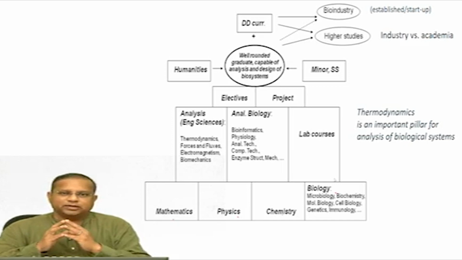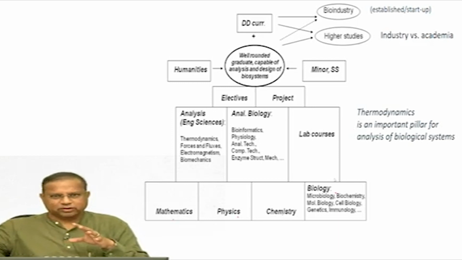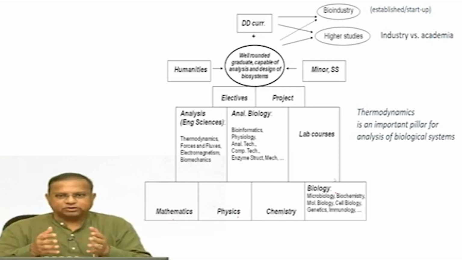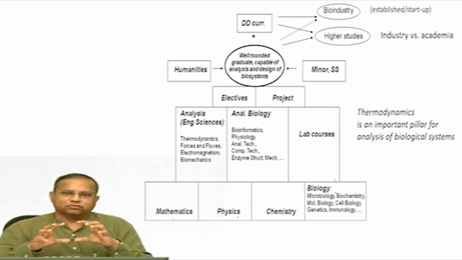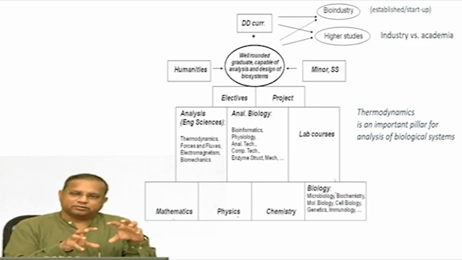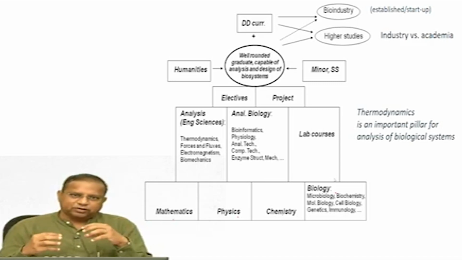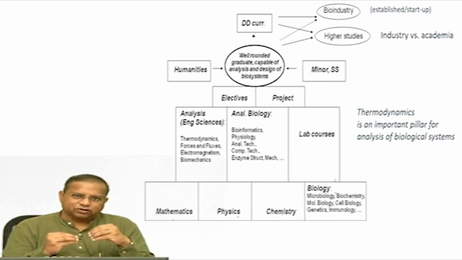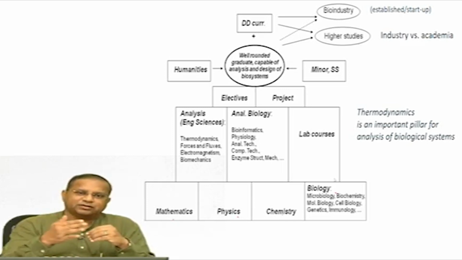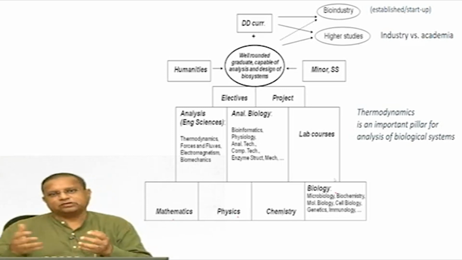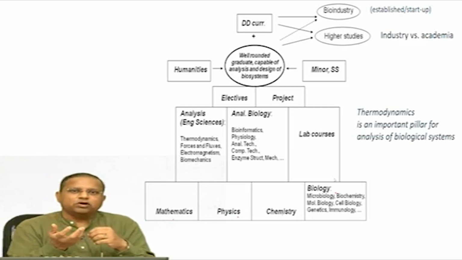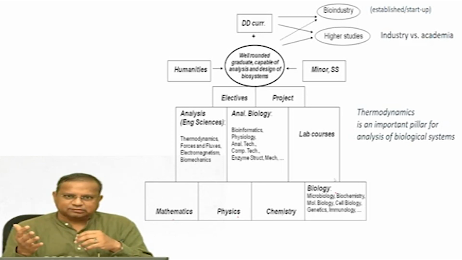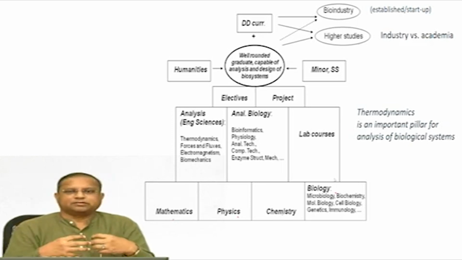More importantly, industry needs to work in the short term. The goals need to be short term. Of course, you could have visions and so on and so forth, but the day-to-day operation needs to be towards short-term goals. So the way the industry needs to operate is very different. So we can provide whatever is essential for that aspect, and the industry being short term would change quite frequently, and the graduate must be able to mold himself or herself to those changes, and that would happen only if the fundamentals are strong.